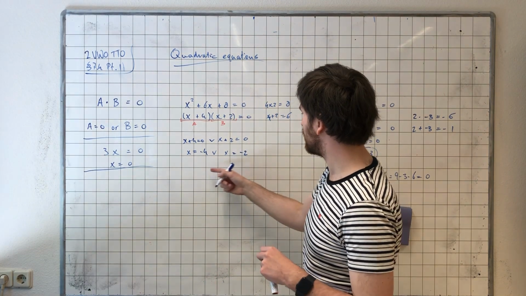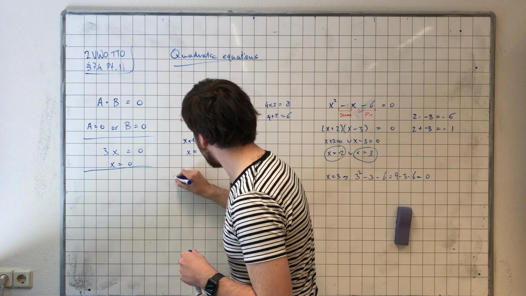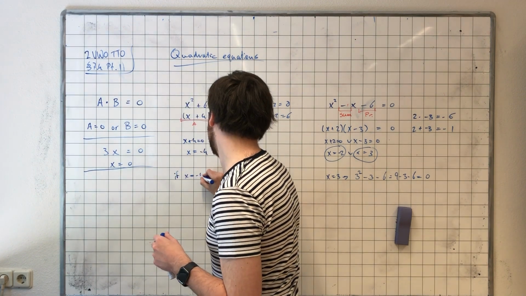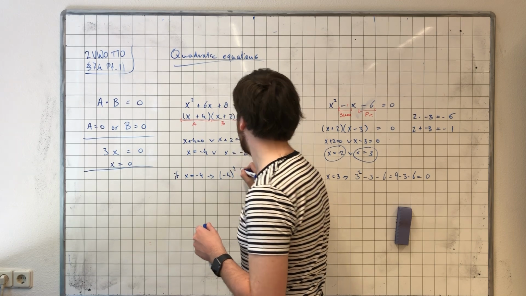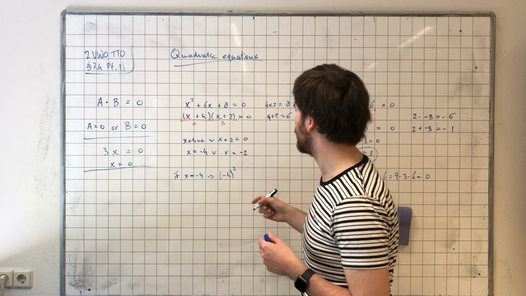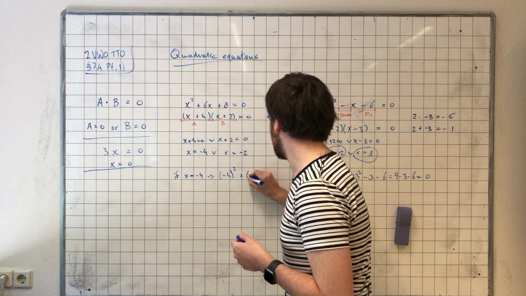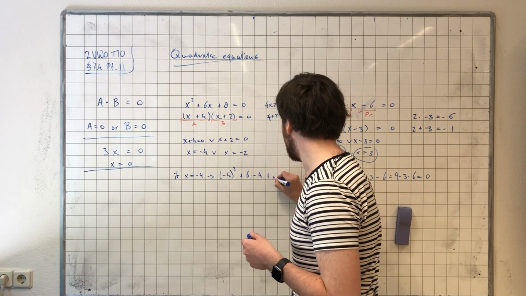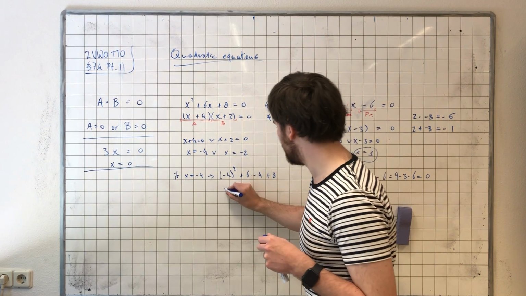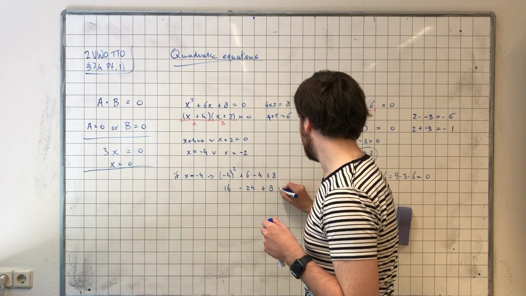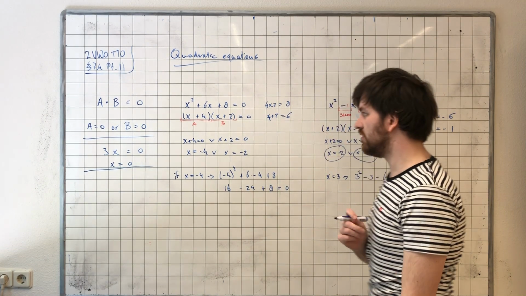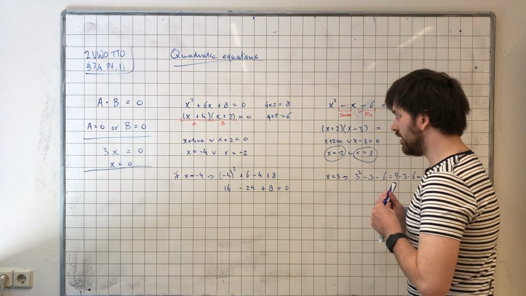And you can check these answers. If we fill in minus 4, then we have minus 4 squared. Remember, brackets around negative squares. Plus 6 times minus 4 plus 8. Well, this is 16 minus 24 plus 8. Well, that makes sense. It's 0 again.